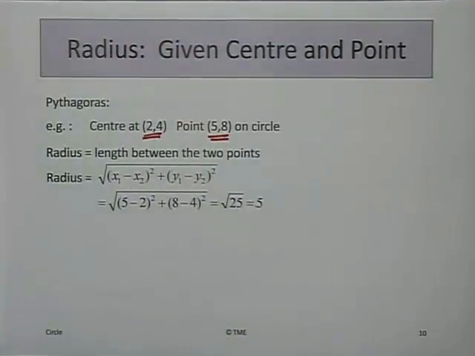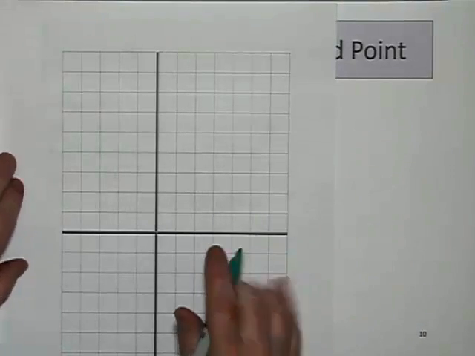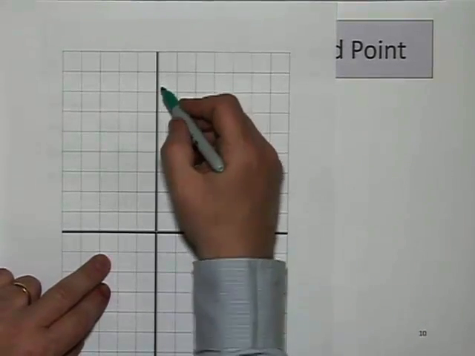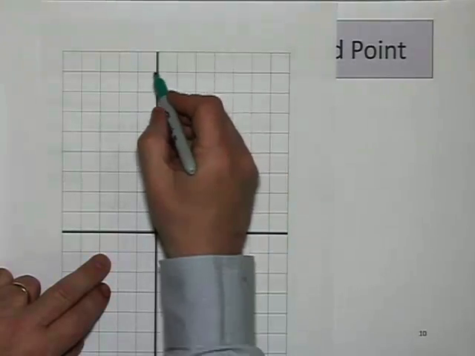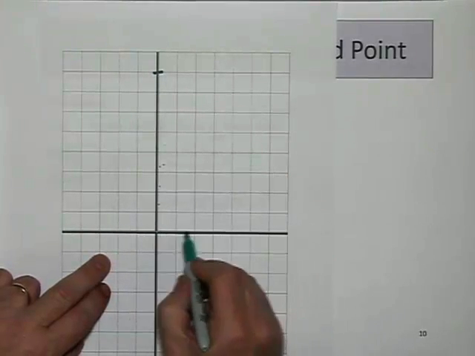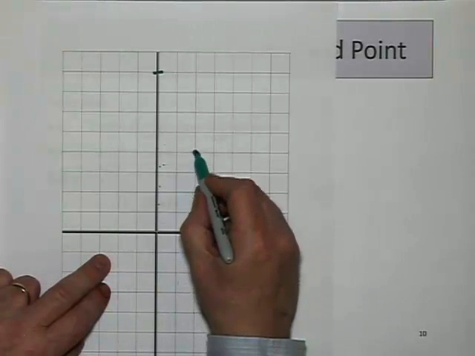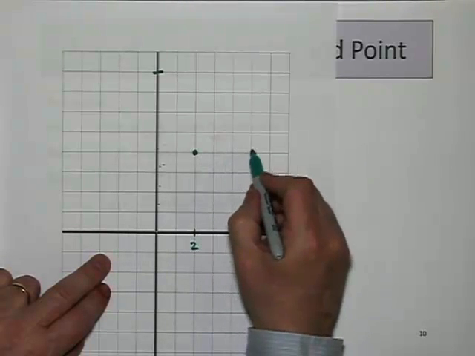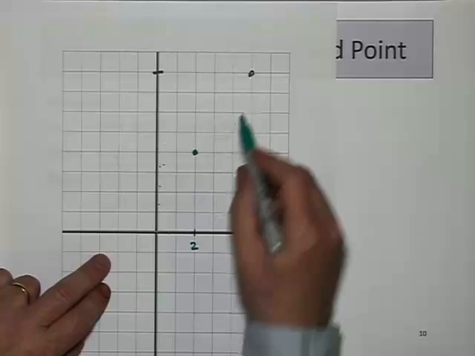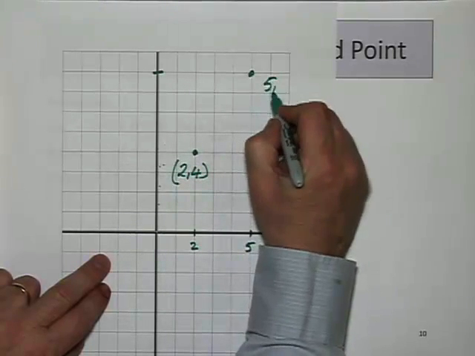It might be easier. 2, 4 is here, 1, 2, 1, 2, 3, 4, and 5, 8 is 5, and then another 4 would be 1, 2, 3, 4 here. So this is the point 2, 4, and this is the point 5, 8.